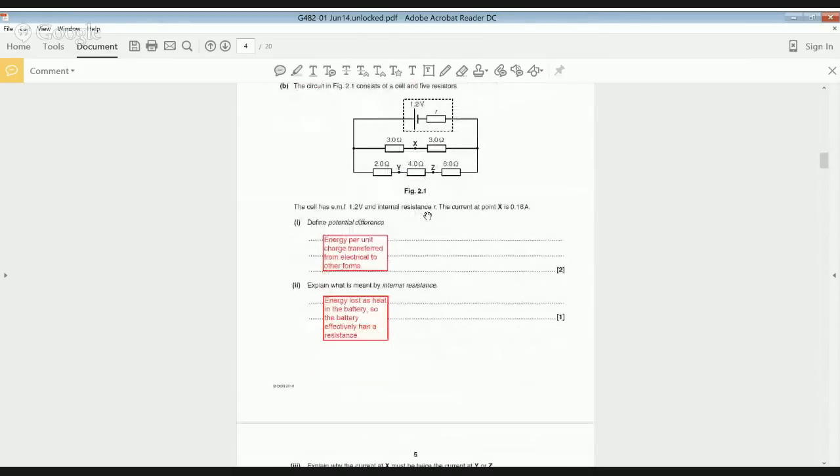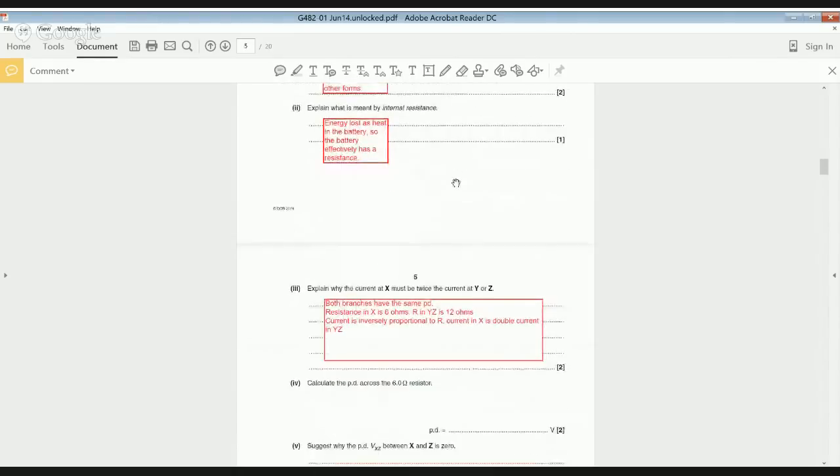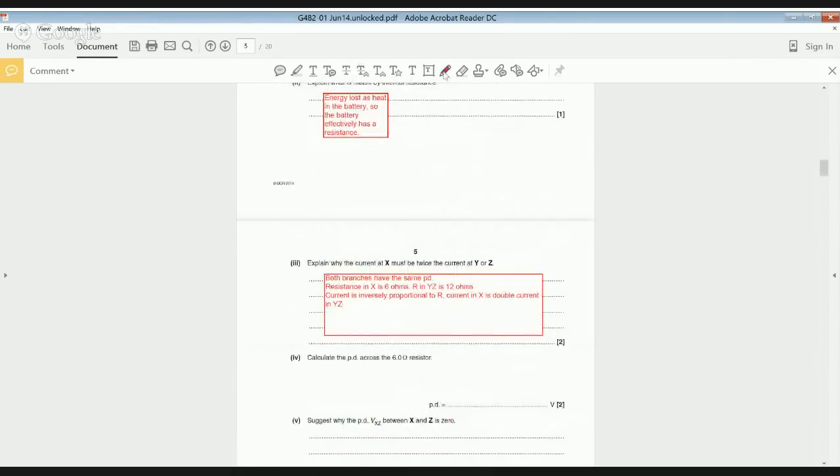We know that the current in the YZ branch is half that of the X branch. So I equals 0.08 amps.